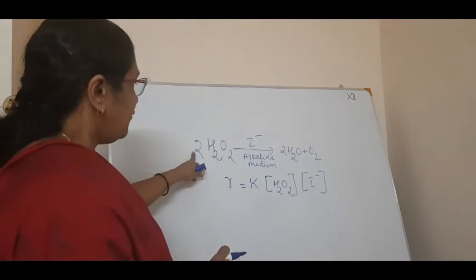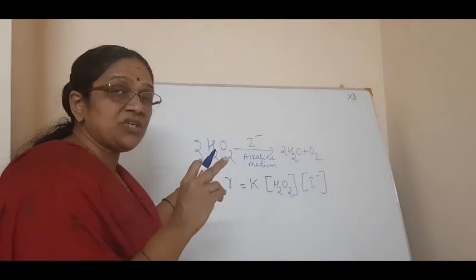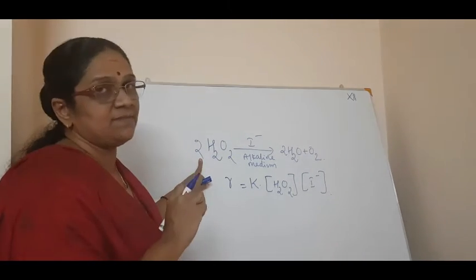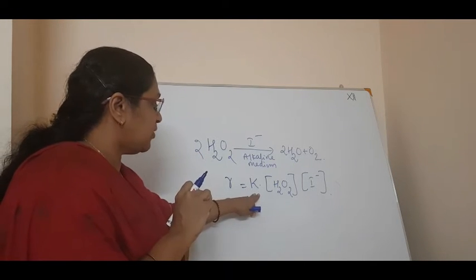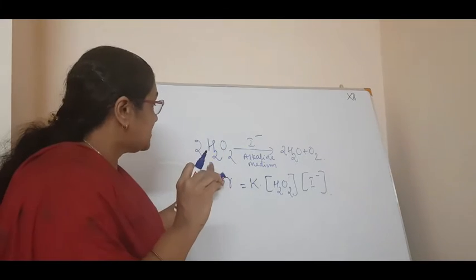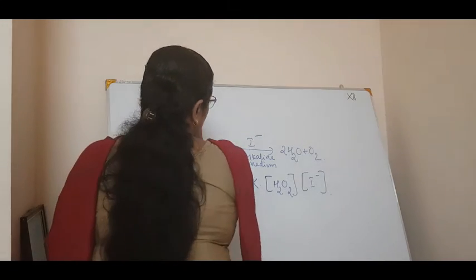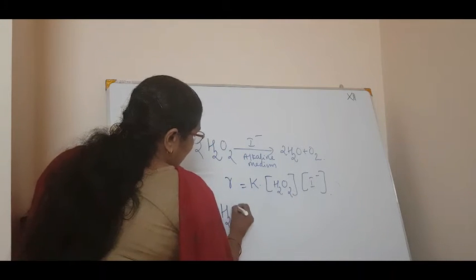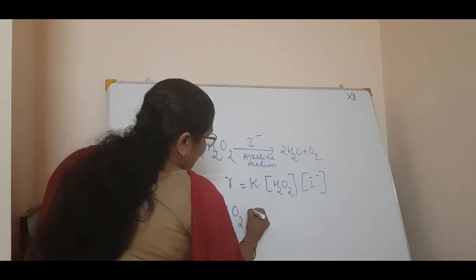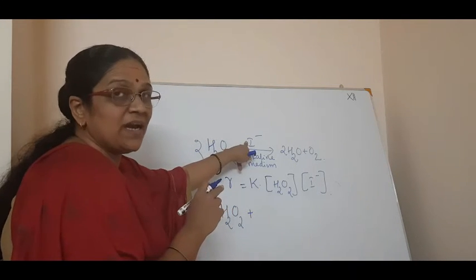Now, if you say this is a complex reaction, actually this reaction is taking place in 2 steps. We will see what these 2 steps are. First, what happens is H2O2 plus, in alkaline medium, it reacts with the I minus ions.